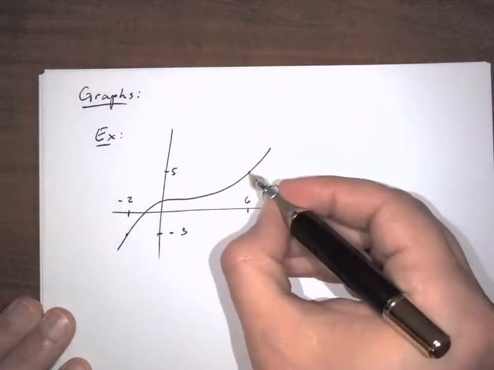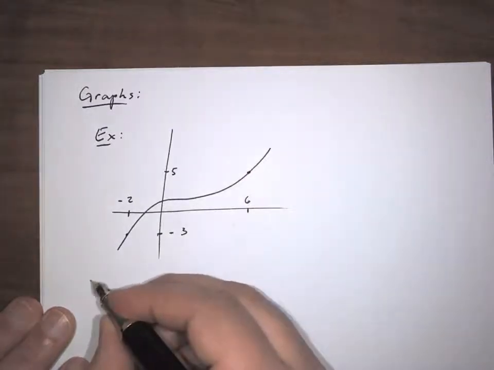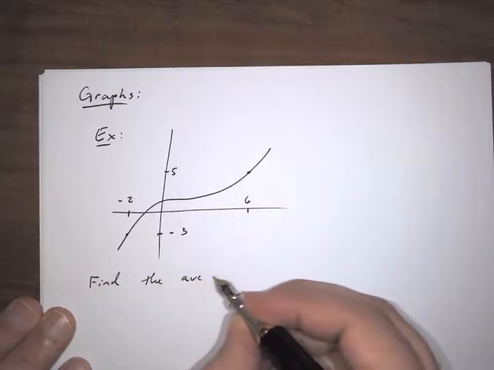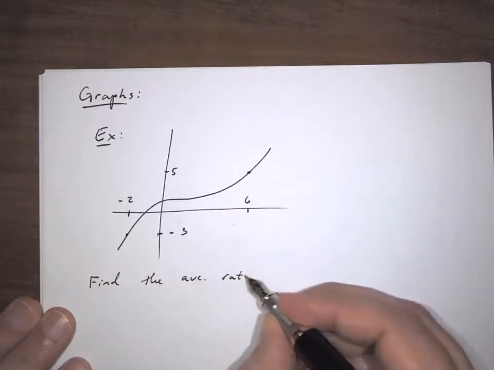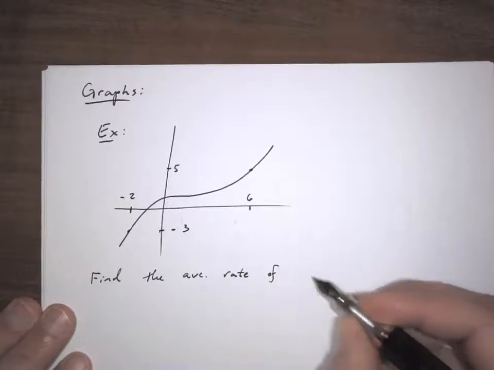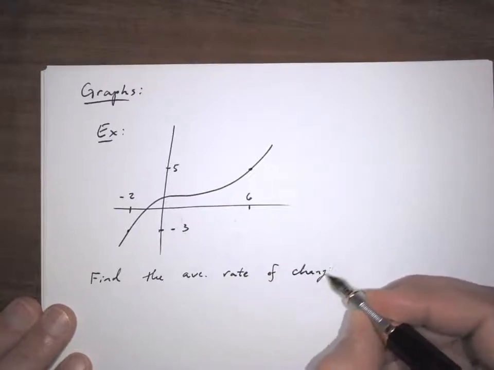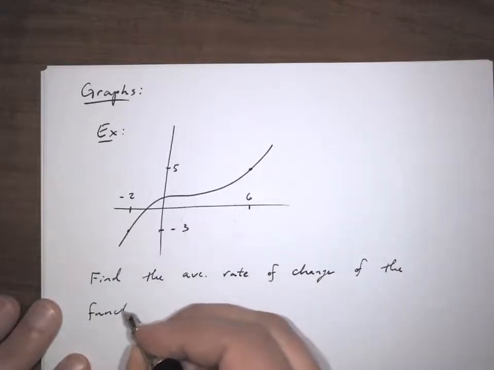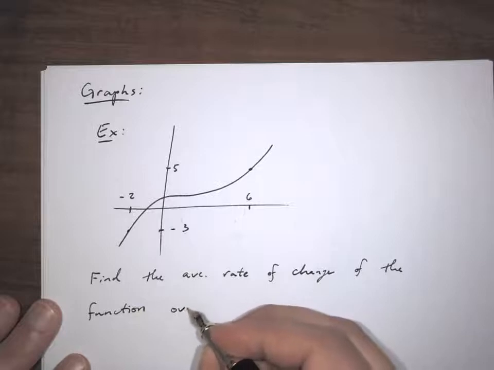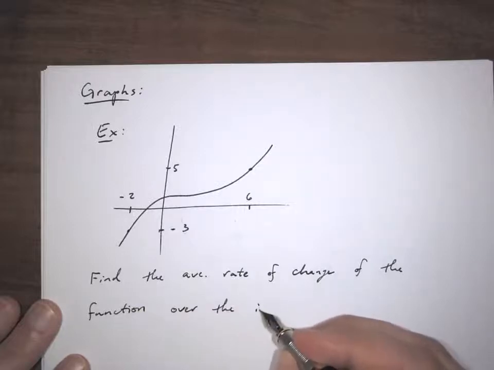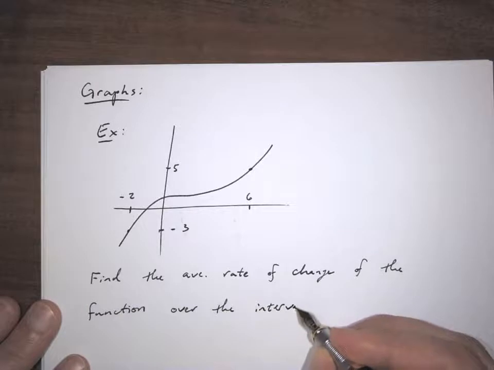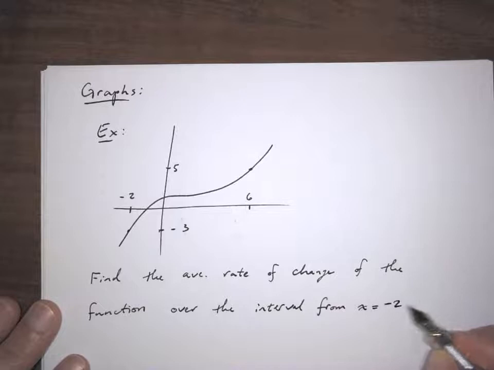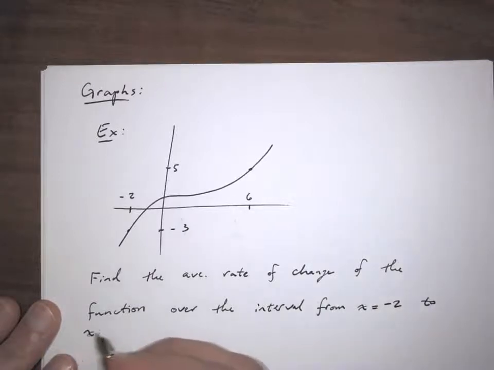Okay, so here's all the important information we need, and we can now answer the question, find the average rate of change of the function over the interval from x equals -2 to x equals 6.